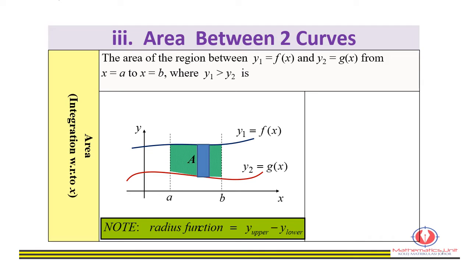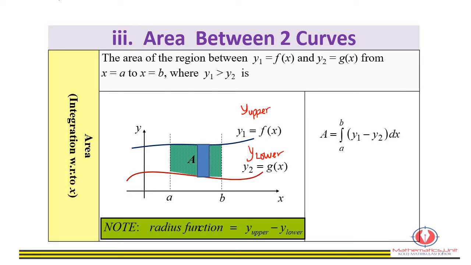Case 3 is the area between two curves. To find the area of the region between the curves y1 equal to f(x) and y2 equal to g(x) from x equal to a to x equal to b, where y1 is above y2, the y upper is y1, that is the function f(x), and the y lower is y2, that is the function g(x).